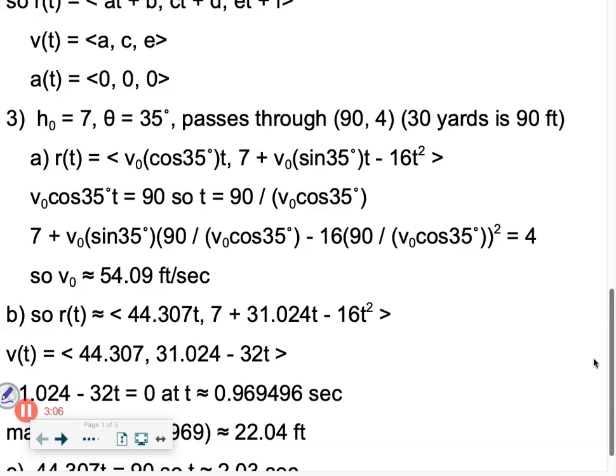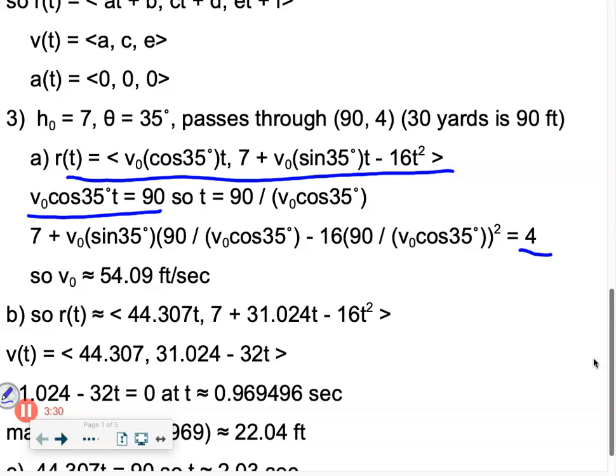So here's my initial position function, right? That's just plugging in your theta and your initial height and gravity. So we know that when our horizontal component is 90, our vertical component is 4. So what I did was I treated it as a system and did some substitution.